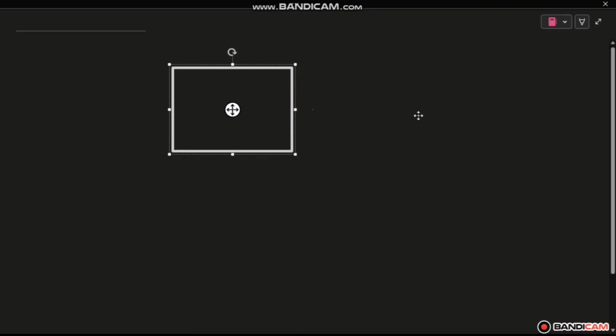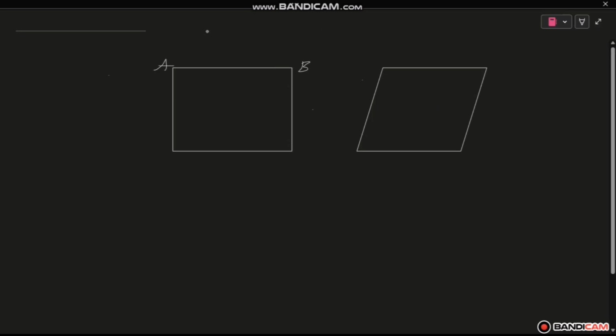So let me try to draw you a quadrilateral. This is a rectangle, and you must know that the rectangle is a quadrilateral, and this is a parallelogram. But you must know what these are. They are called quadrilaterals.